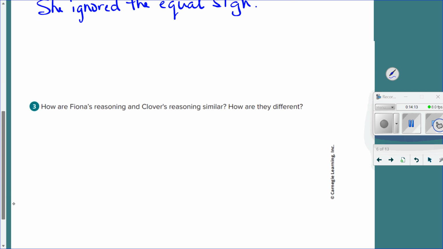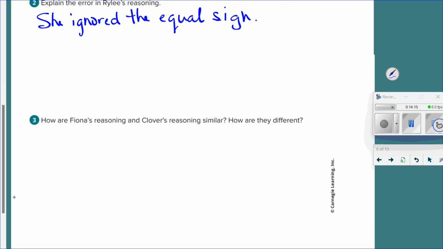Fiona's reasoning and Clover's reasoning is similar. What did they do that was alike? They distributed the numbers. Good. They both broke the numbers down to make them look the same on each side.